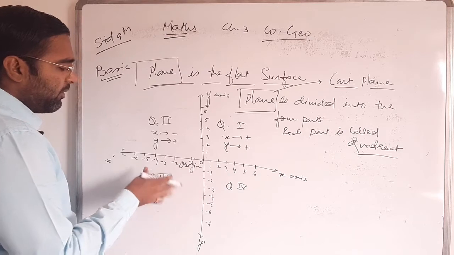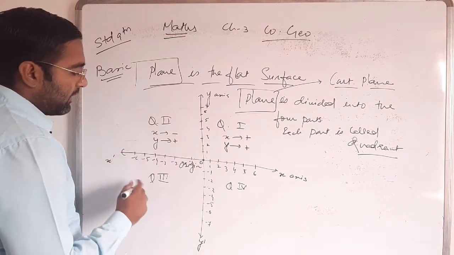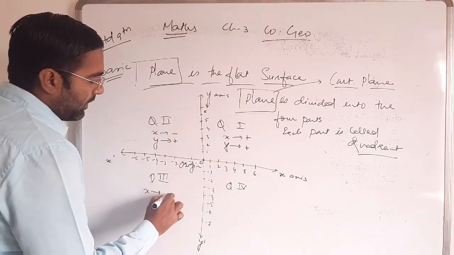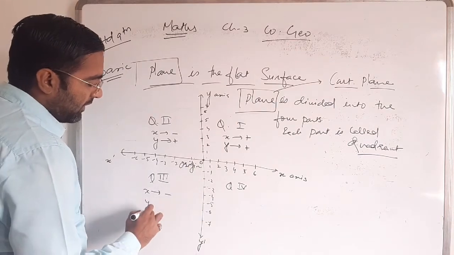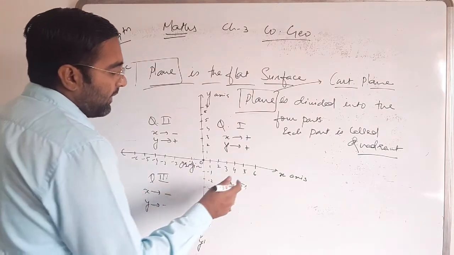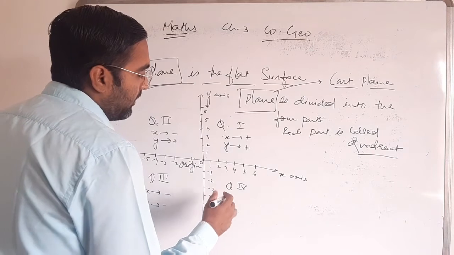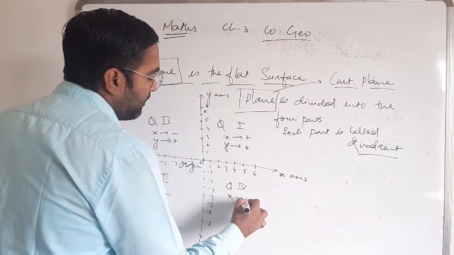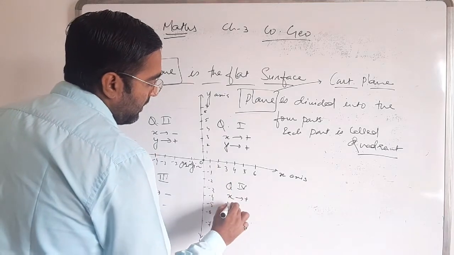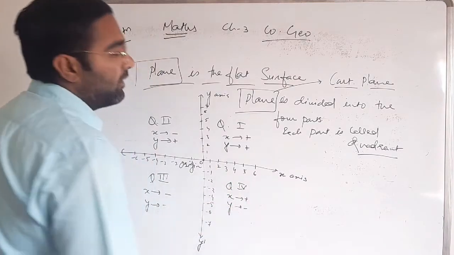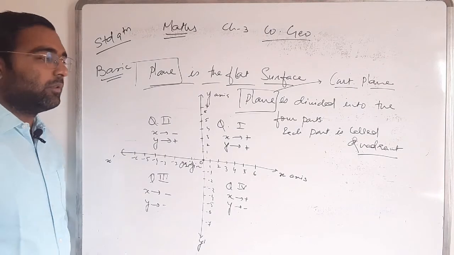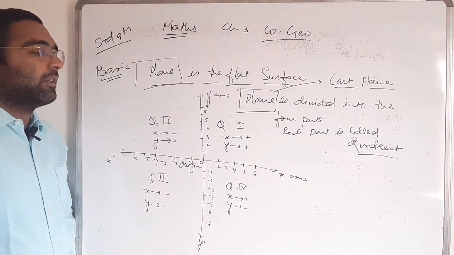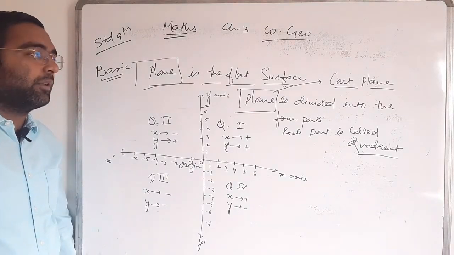In the third quadrant, the value of x is negative and the value of y is also negative. And in the fourth quadrant, the value of x is positive and the value of y is negative. Clear? These are all the basic things you must know.